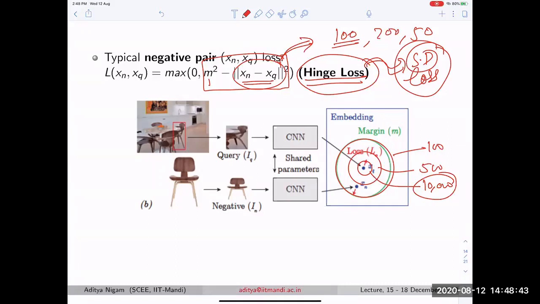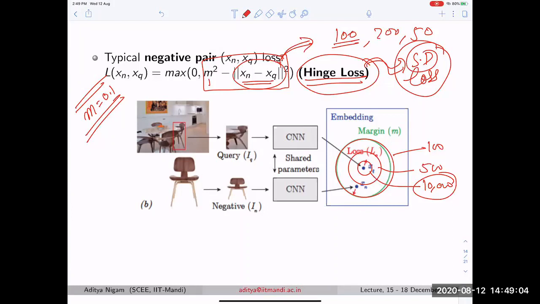Sir, how will we define the margin? That we will talk about, but initially margin is going to be very small, 0.1. Everything is going to be dependent upon margin. Your loss is going to be dependent upon margin.